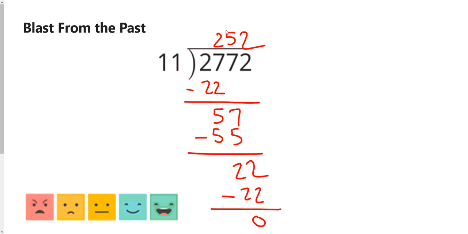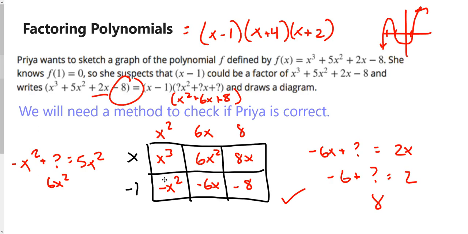That's 2. Then we figured out the difference and shift over a term. How many times does 11 go into 57? We figure that out, figure out the difference, and then shift over. That's kind of what we did here.